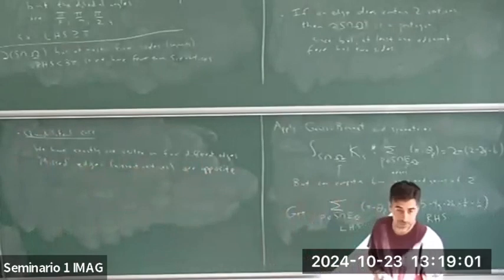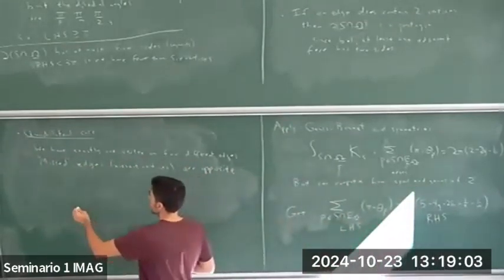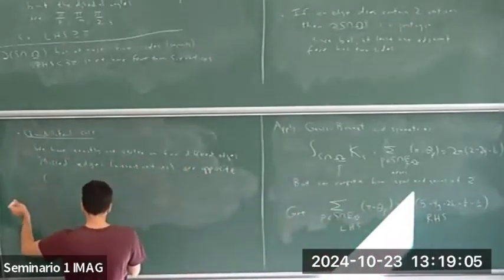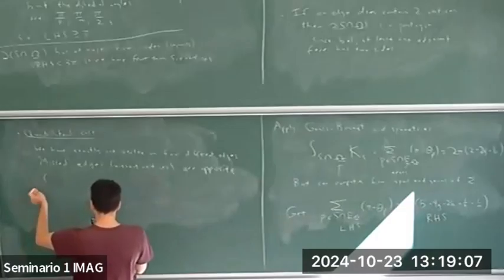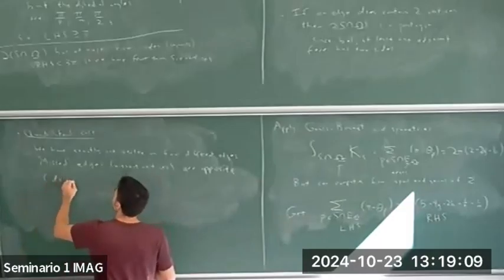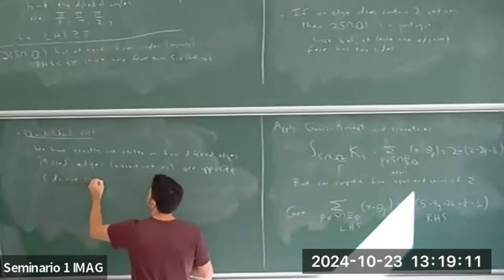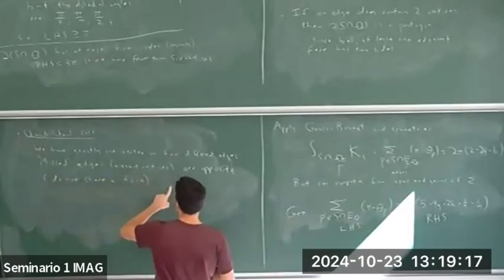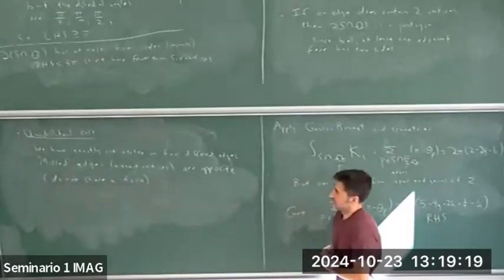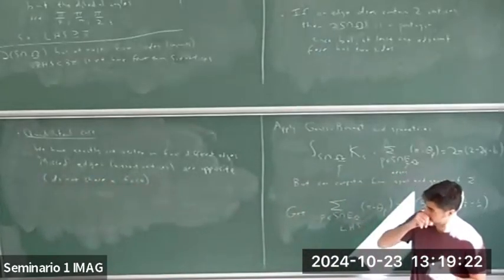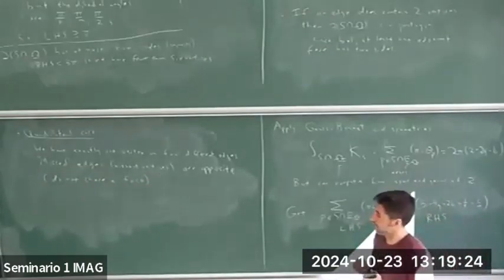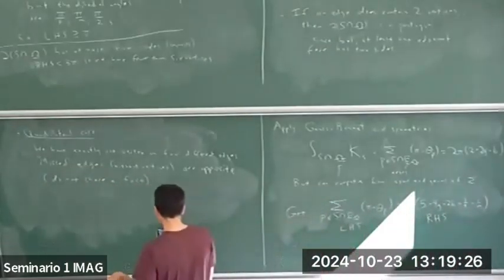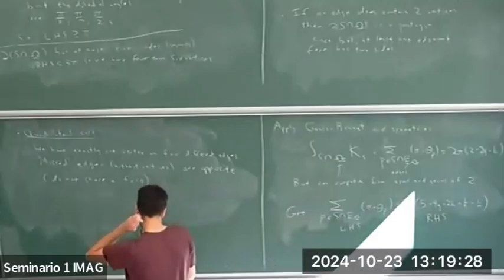By opposite, I just mean that they don't share a face. So if I have an edge of the tetrahedron, I can find one that doesn't share a face with it.